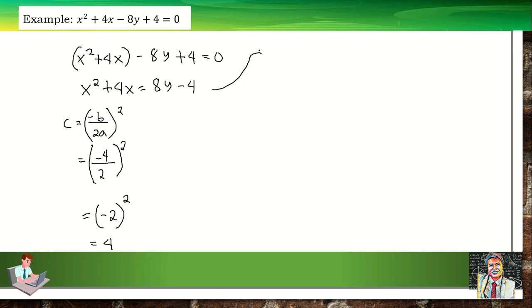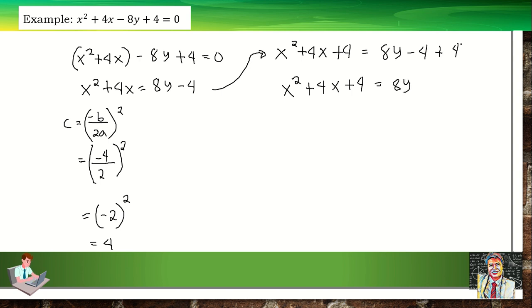So, add natin dun sa kabila, sa both sides. So, x squared plus 4x plus 4 is equal to 8y minus 4 plus 4. So, this will become x squared plus 4x plus 4 is equal to 8y. Tama, cancel na tong dalawa.